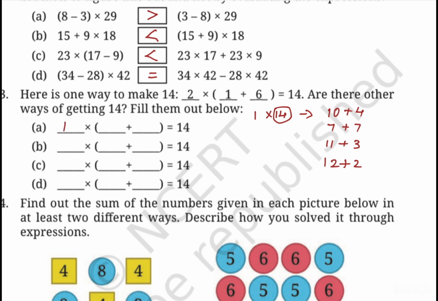So let's write 1 times 7 plus 7, and 1 times 10 plus 4, or we can write 2 times 2 plus 4, 2 times 3 plus 4, 2 times 2 plus 5, and 2 times 3 plus 4.